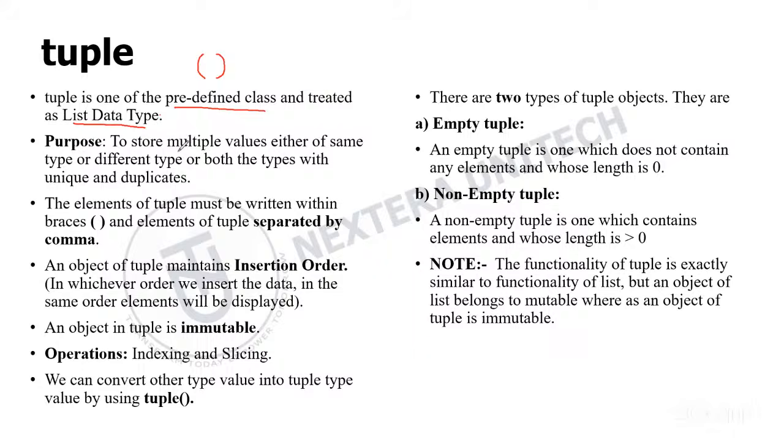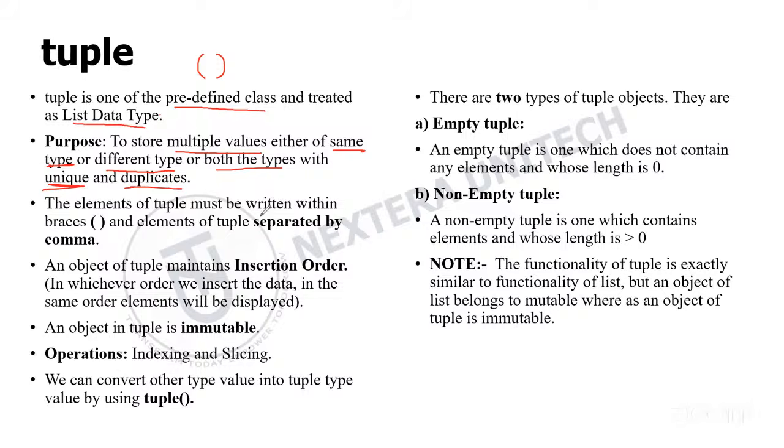Tuple is also the same as list, it will store multiple values either of the same data type, that is all int values or all string values, or it can consist of different data types, that is int, string, float at once. In both cases it can have unique and duplicate elements.